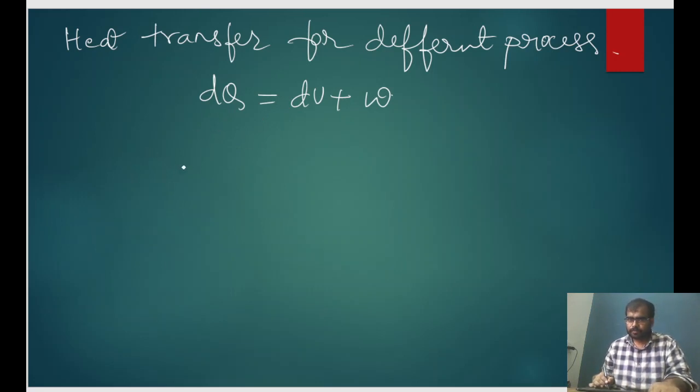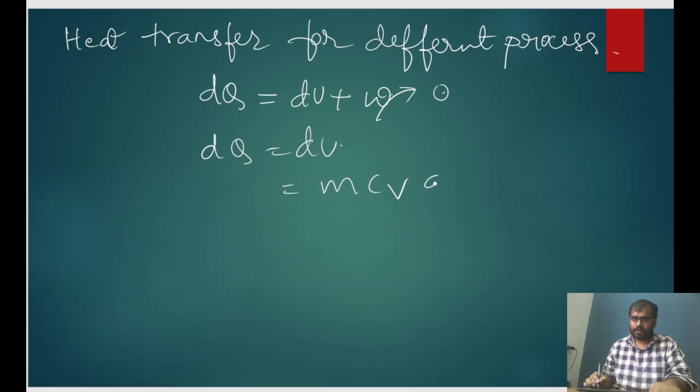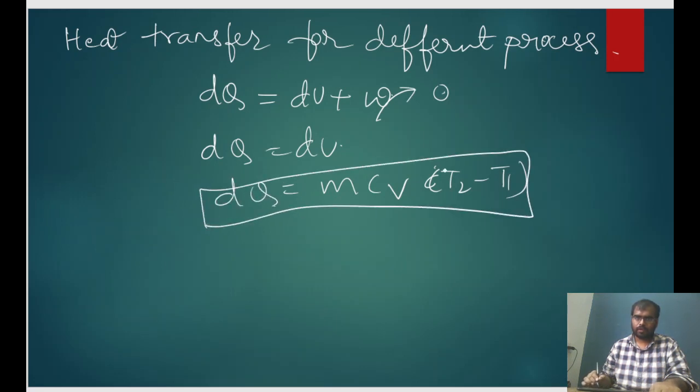For the constant volume process, work done is 0, so dQ is equal to dU. The formula for dU is m cv dT, that is T2 minus T1. So the formula for heat transfer for the constant volume process is dQ equals m cv (T2 minus T1).